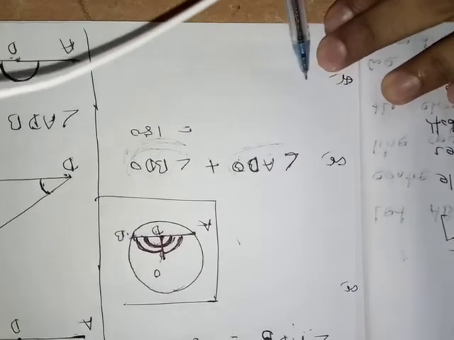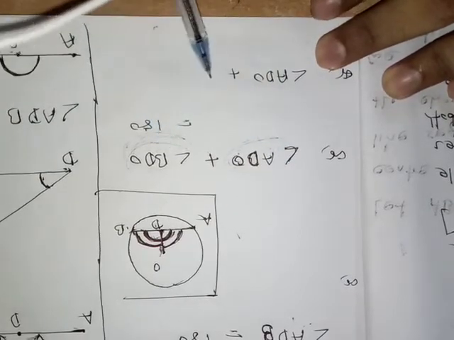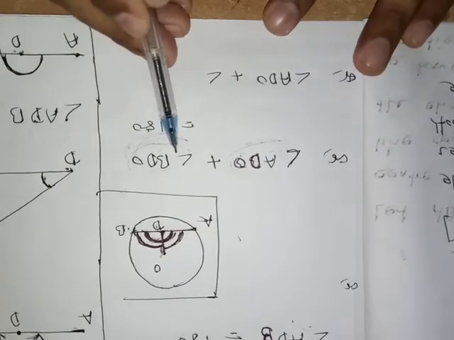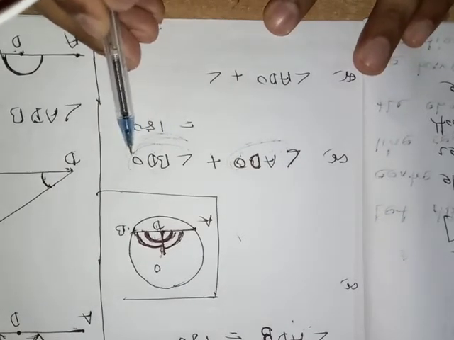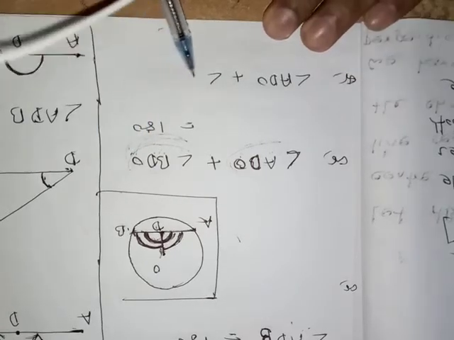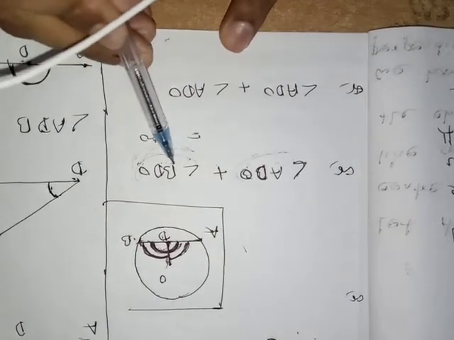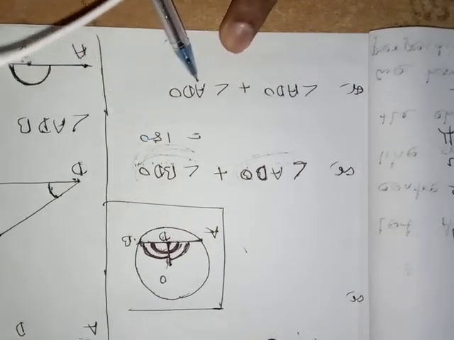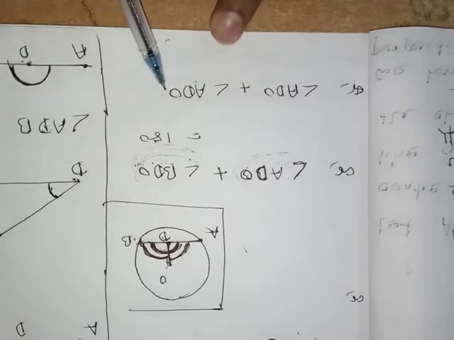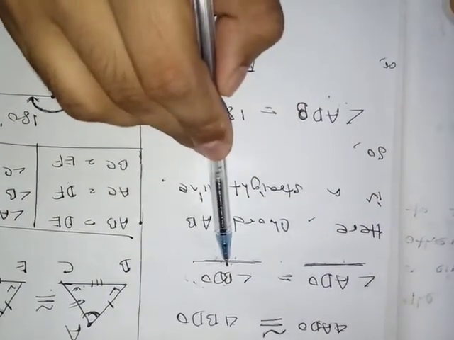So angle ADO plus angle, now instead of angle BDO, we can write angle ADO. Why? How can we write this? Because we have earlier proven that these two angles are equal.